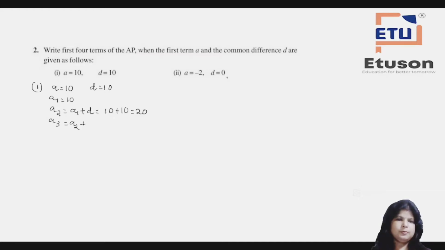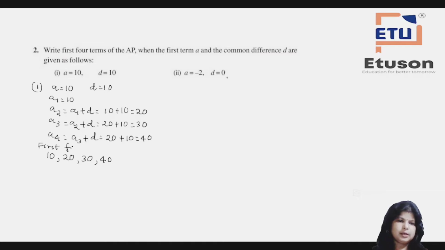A3 is A2 plus D, that is 20 plus 10, that is equal to 30. What is A4? A4 is A3 plus D, that is 30 plus 10 equal to 40. So what are the first four terms you got? So your first four terms are 10, 20, 30 and 40.